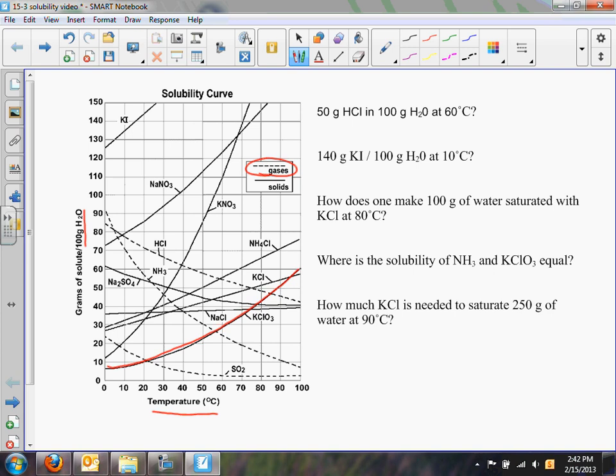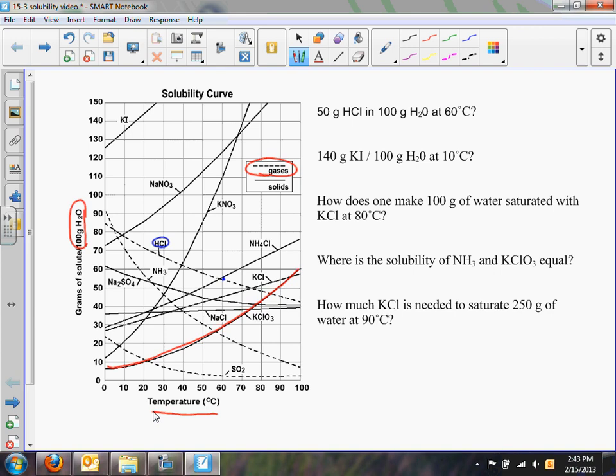So if you look at the first one up there, if I have 50 grams of HCl in 100 grams of water at 60 degrees Celsius, well, this chart is based on how much dissolves in 100 grams of water. So first thing you want to do is find HCl. That is right here. And at 60 degrees, this looks like the amount of HCl that will dissolve to make it saturated.